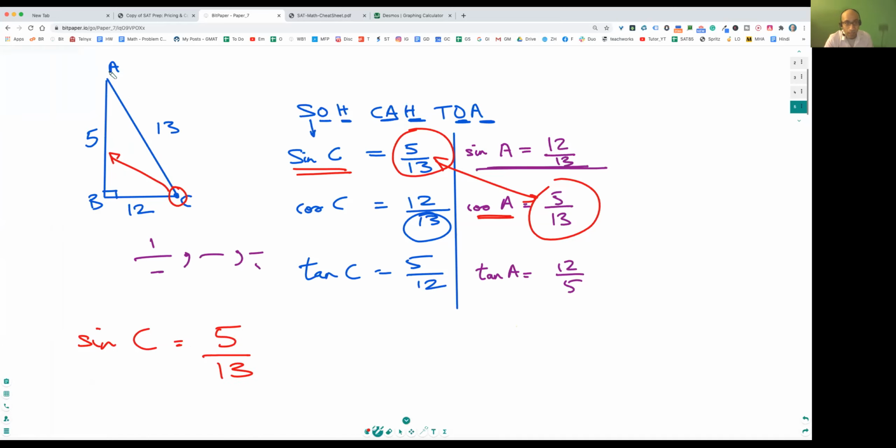Now think about this guy over here. That's cosine of A. The formula is adjacent, so it again is the same 5. So it's going to be 5 over 13. Note that the sine of this guy is the cosine of this guy. That's the point I'm trying to make.